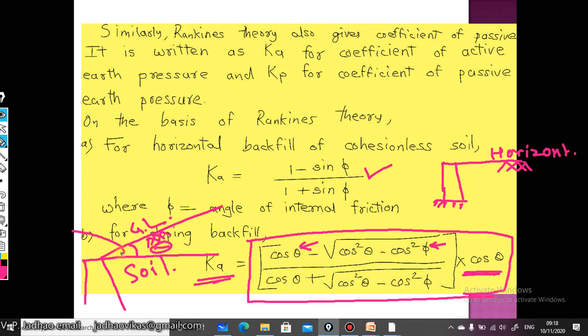This angle is your theta, the angle of inclination of your soil profile, or angle of backfill.